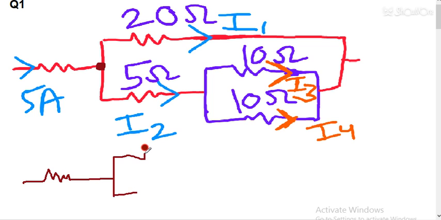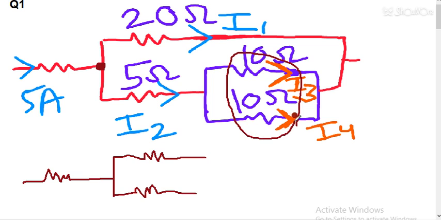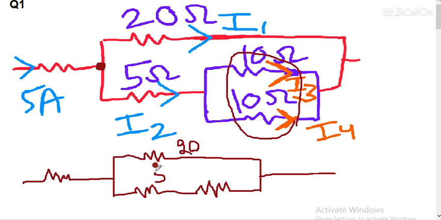This is now 20 ohm. This is now 5 ohm. And this 10 and 10 in parallel will also give me 5 ohm. So this will be the equivalent circuit. Now the upper resistance is 20 and the lower resistances are 5 and 5.